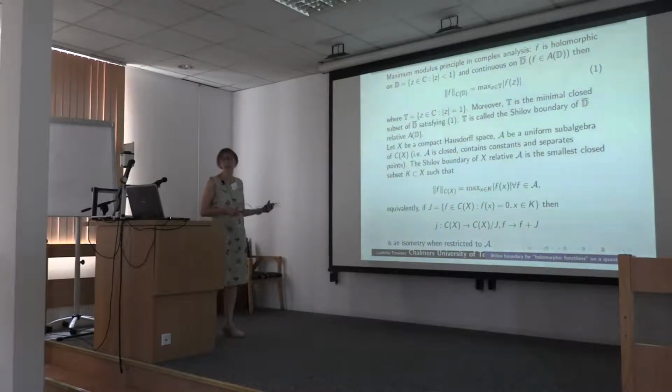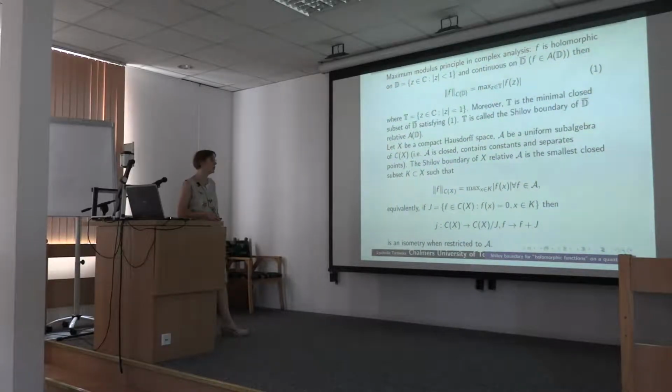If I denote by J the closed ideal of all functions which vanish on K, and consider the quotient map from C(X) to the quotient C(X) by J, then this equality means that this map is an isometry when I restrict it to the algebra A.